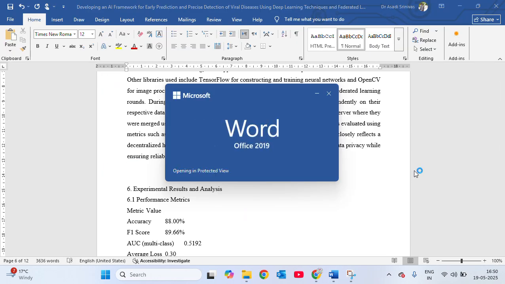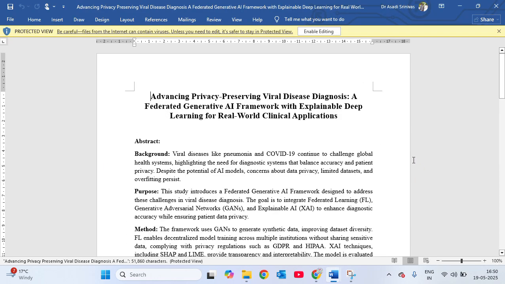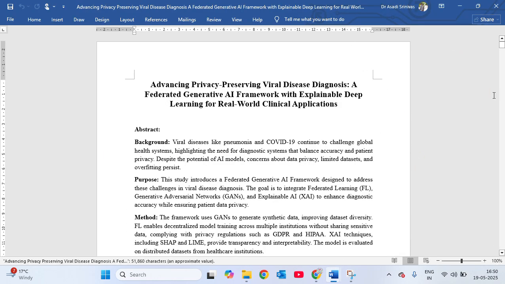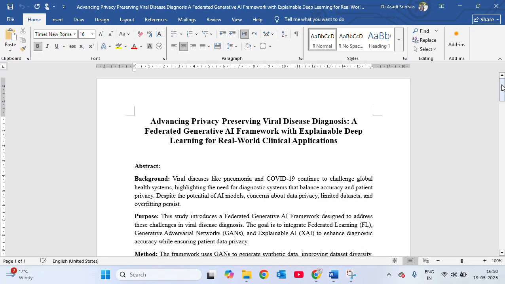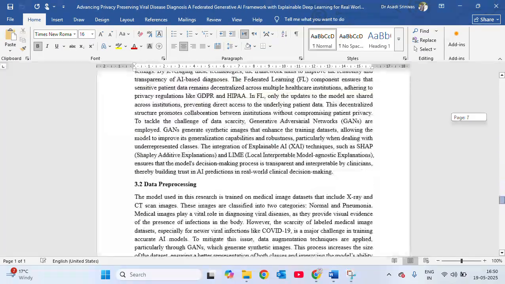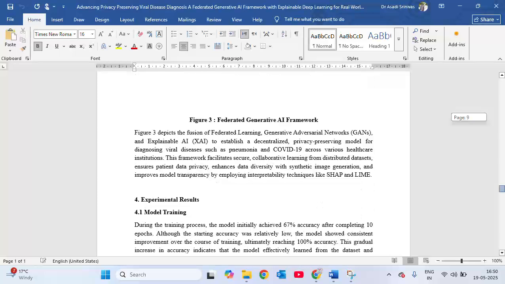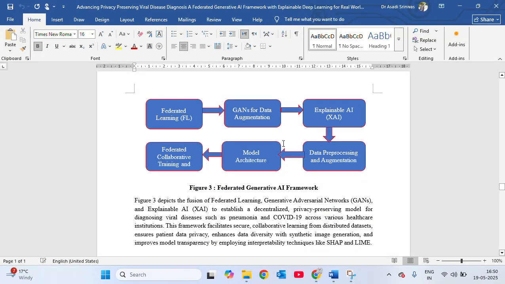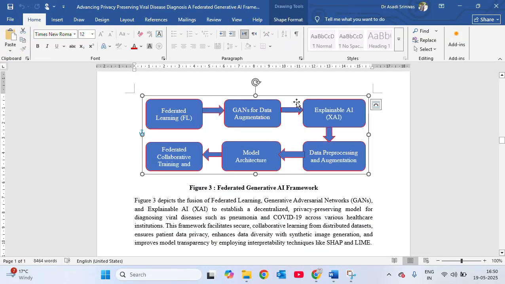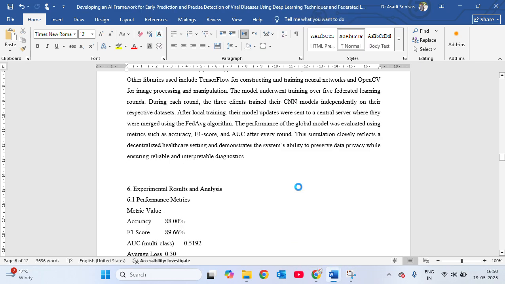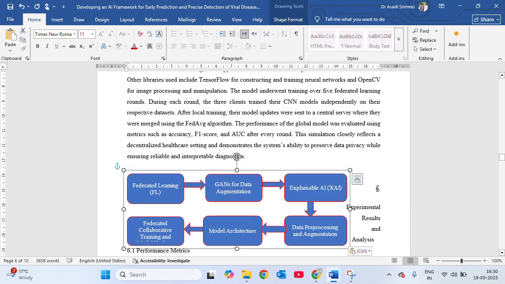Yeah, in this one we will take the architecture model, a simple architecture model. Yeah, this is the diagram, sample diagram. So same thing we will create for this paper also here.